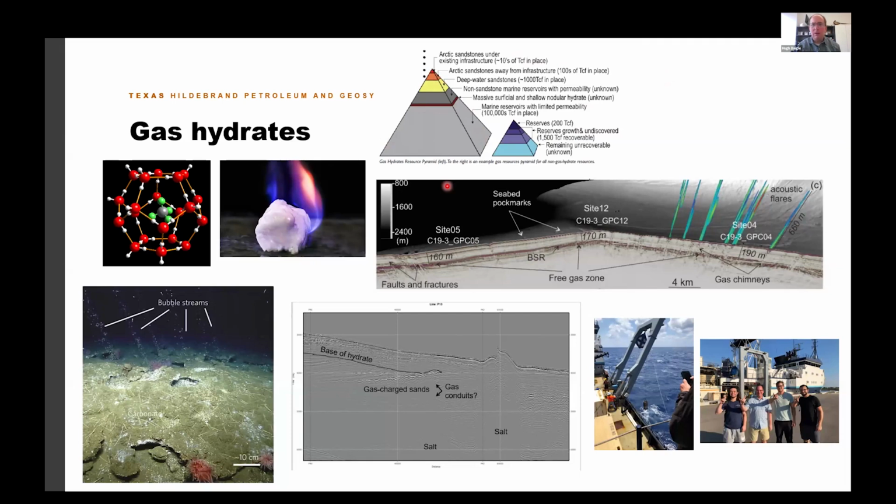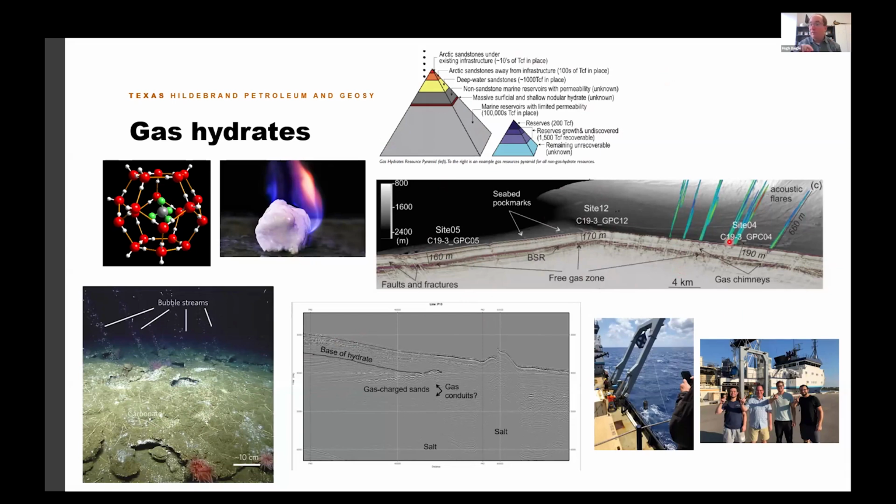A lot of my work focuses on characterizing gas emissions from naturally occurring gas hydrates. So here's an example of some methane bubbles coming out of the seafloor, which may or may not be from hydrates. But we've done some work. This is an example from offshore Svalbard up in the Arctic.